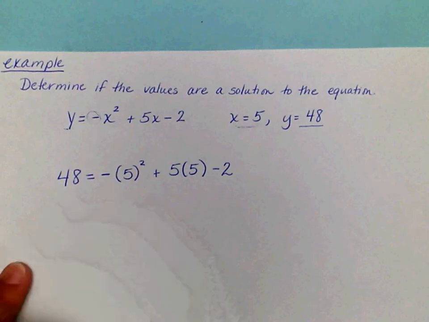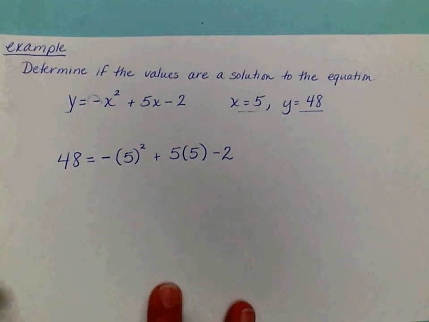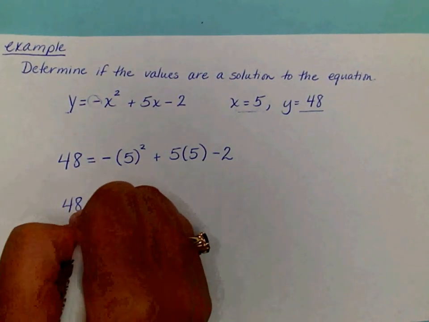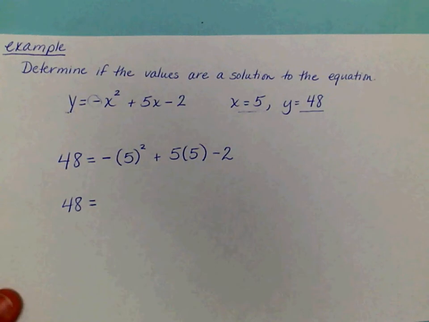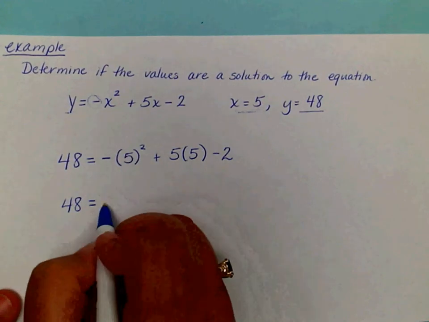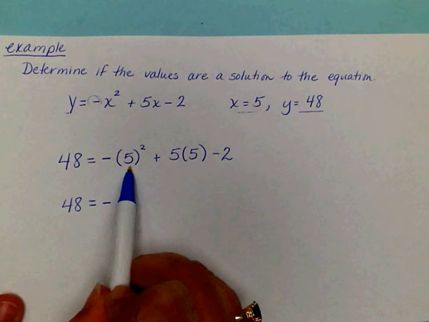So from here we've got to simplify. And notice on the left-hand side it's 48. We can't do anything with that. So we're going to bring that straight down along with our equal sign. Now this negative number here doesn't have anything to do with the square. So we're going to bring the negative sign down as well. Next thing we see is 5 squared. That is our 5 times 5.